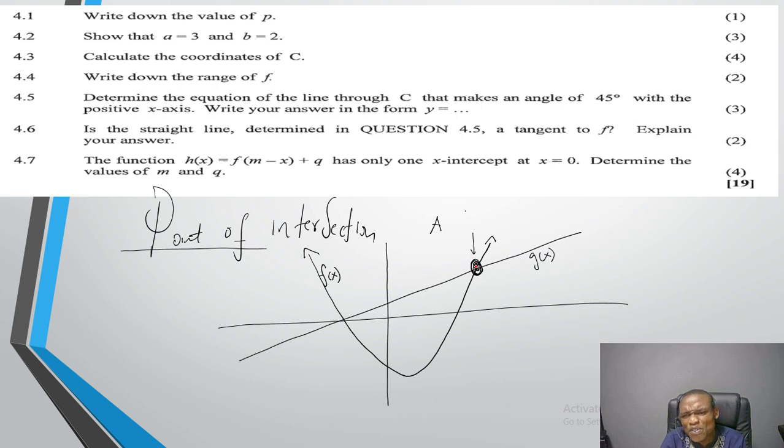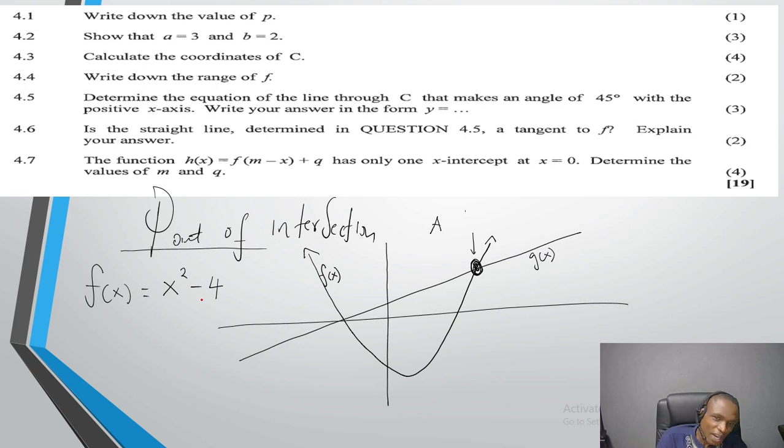So this is my point of intersection. Now, how can I find the coordinates of this point of intersection? Suppose they ask me to find the coordinates of the point of intersection. Let's say maybe they've given me the function f. They are saying f of x is equal to x squared minus 4. Actually, for this graph of f of x, the question cannot be x squared minus 4.